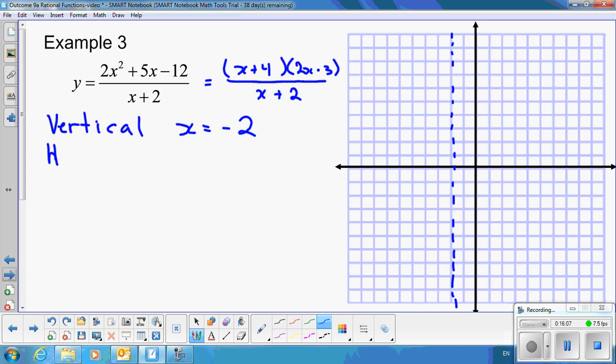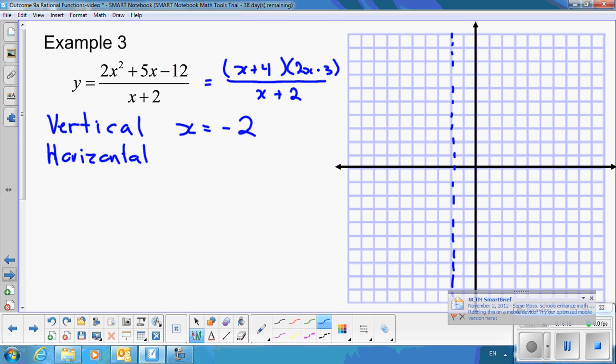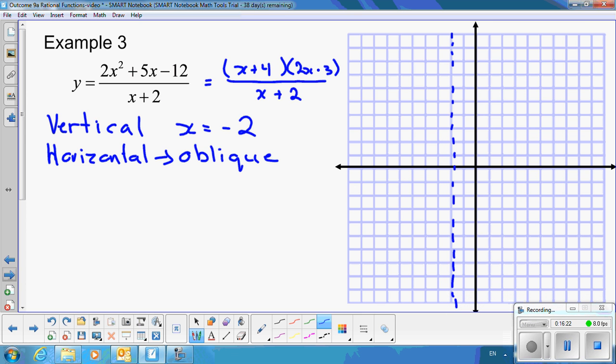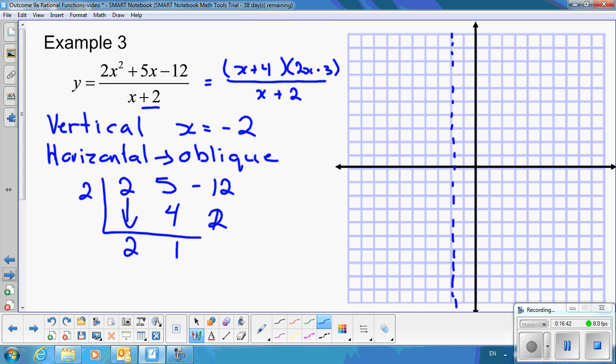Horizontal asymptotes. I need to look at the degree. Because the degree of the numerator is greater than the degree of the denominator, I'm actually going to have an oblique or slanted asymptote. To find the equation of that oblique asymptote, we're going to use synthetic division. So 2, 5, and negative 12. On the outside, we're putting positive 2. Completing the synthetic division, we end up with 2. 2 times 2 is 4. Subtract, that is 1. 2 times 1 is 2.